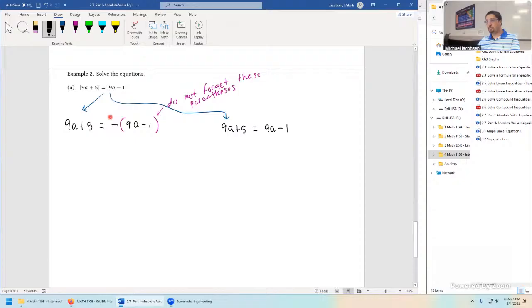The one on the left looks a little bit more technical because of the negative sign, but really the core step here that we want to take is just use the distributive law. That negative sign is really shorthand for a -1, and so -1 is going to multiply the 9 in the 9a and the -1 over here. So first let's copy 9a plus 5 is equal to, then distribute the negative.